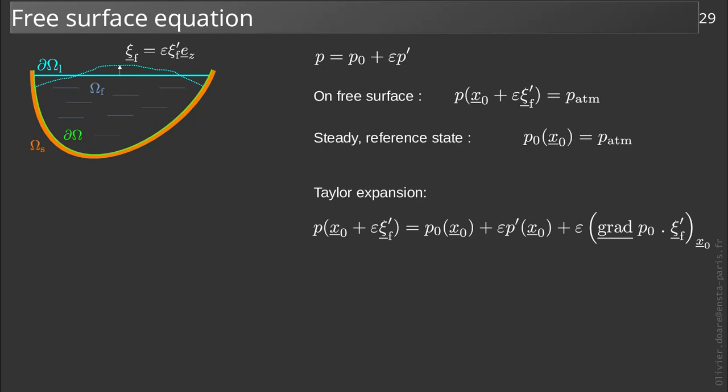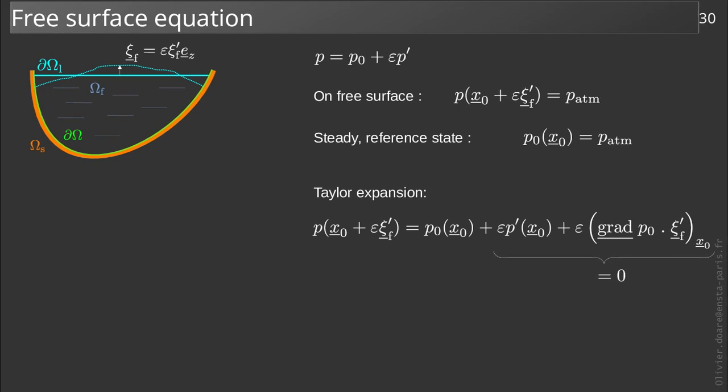The first term of order 1 is the pressure fluctuation at x0, that is, on the unperturbed free surface. The second term of order 1 is the gradient of the pressure in the stationary state scalar the fluid displacement, which is of order 1. This second term is also evaluated at x0, that is, on the undisturbed free surface.